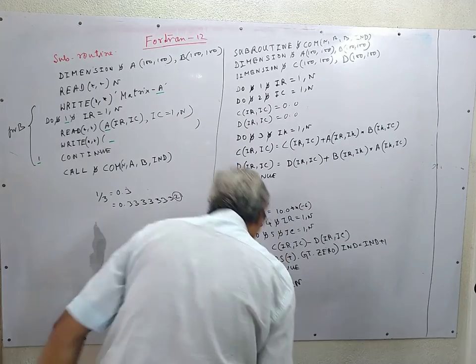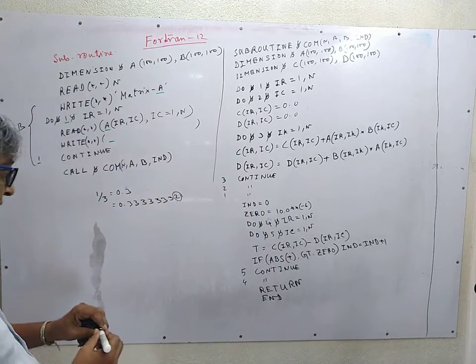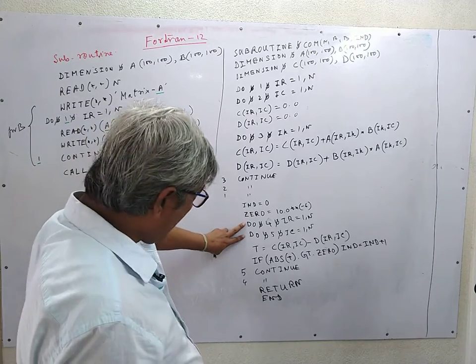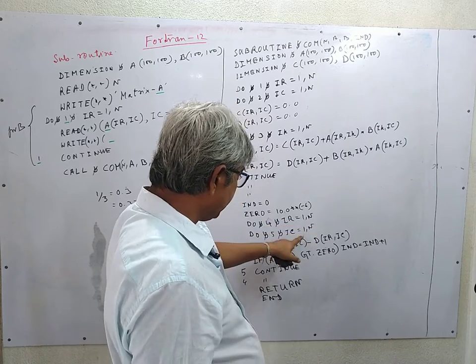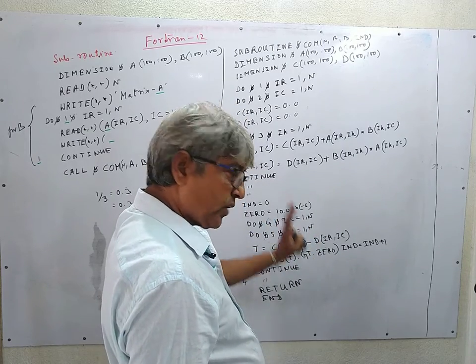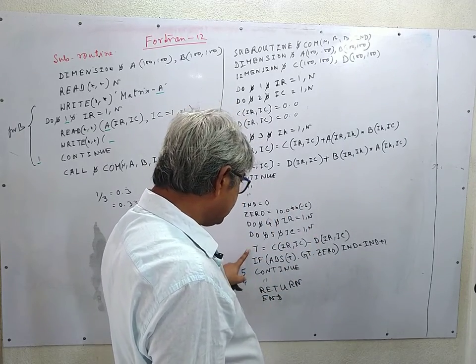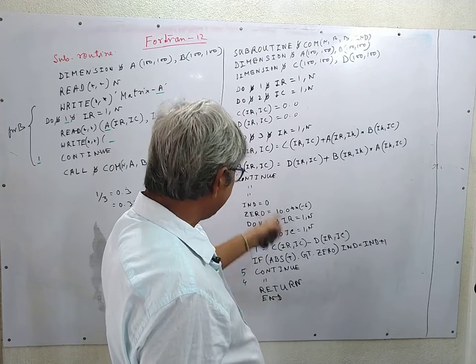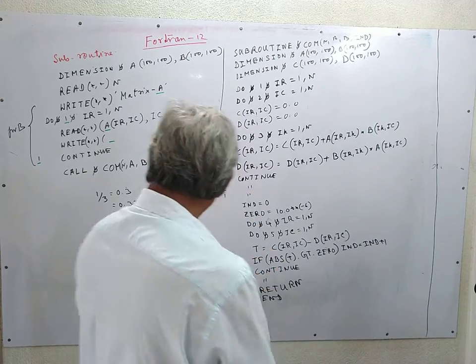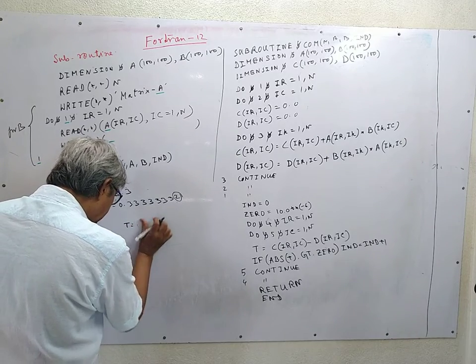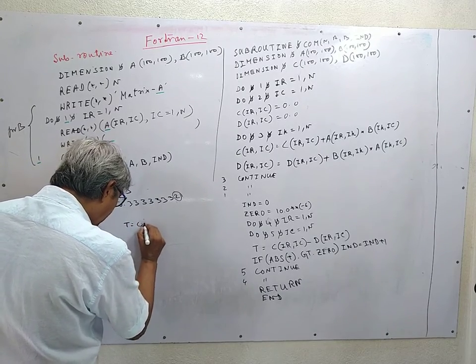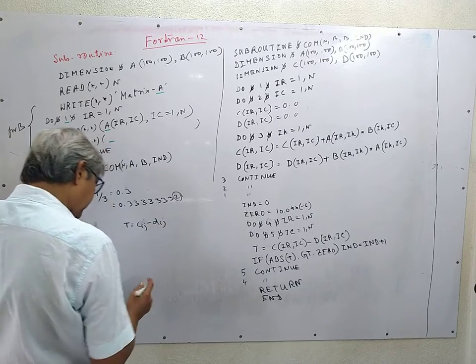Let me explain the working of the program. It compares all the n square elements. IR is equal to 1 to n, IC is equal to 1 to n, so n square elements. It first calculates T as the difference of C and D, so T is actually Cij minus Dij.